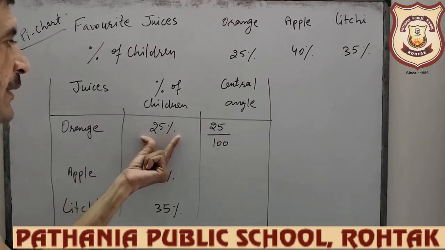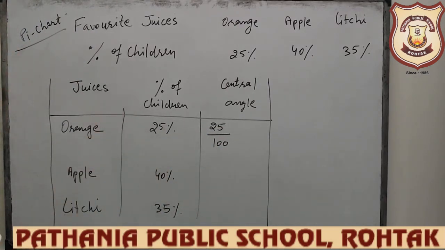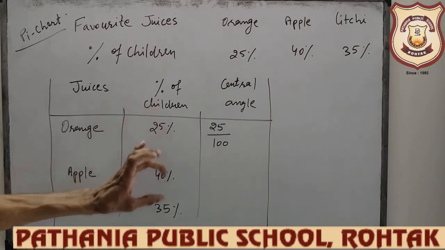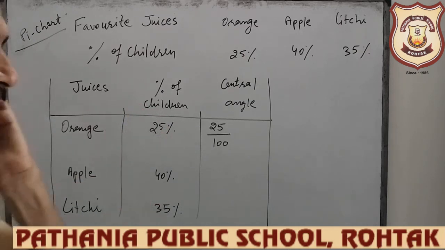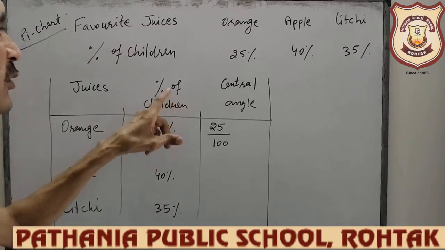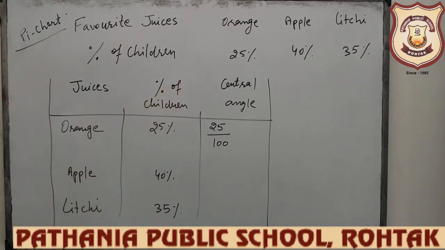It means out of 100, if the total number of children is 100, then 25 like orange juice. Whenever percentage is given, then the total number of students is always 100. No need to give the total number of children separately.